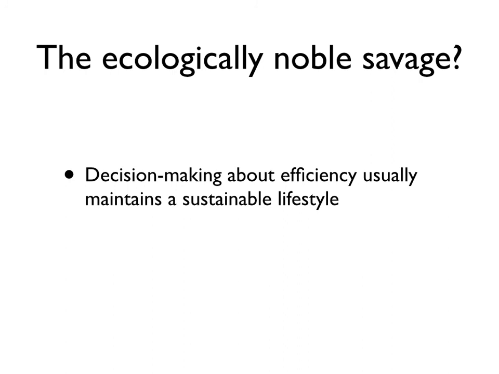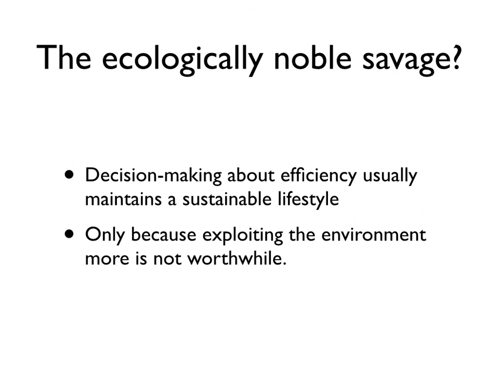And so we often see these individuals making sustainable lifestyle decisions in terms of making sure the environment can reproduce itself, merely because it doesn't make sense for them to collect more food than they need, or more materials for making clothing or tools, that kind of thing, than they need. And this usually results in a sustainable lifestyle, even though this is not their goal. So oftentimes foraging societies have a sustainable lifestyle only because exploiting the environment more than they do is simply not worth their while.